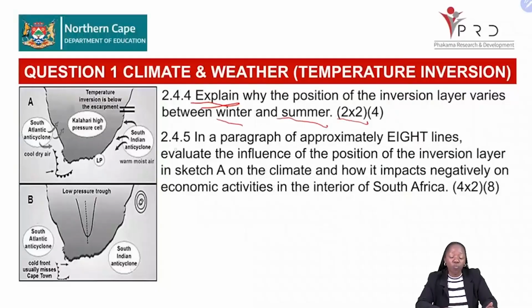Then your 2.4.5, in a paragraph of approximately 8 lines, evaluate the influence of the position of the inversion layer in sketch A on the climate and how it impacts negatively on the economic activities in the interior of South Africa. Your 4 times 2, which means 4 responses that will give you 8 marks.